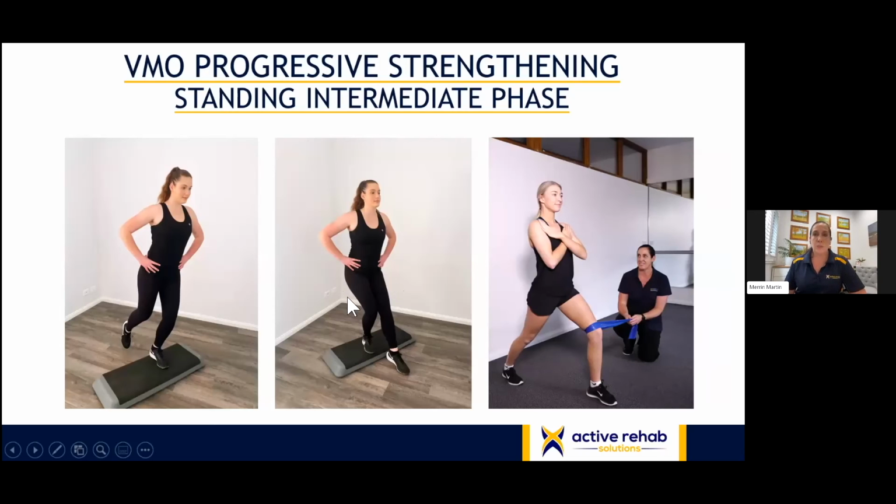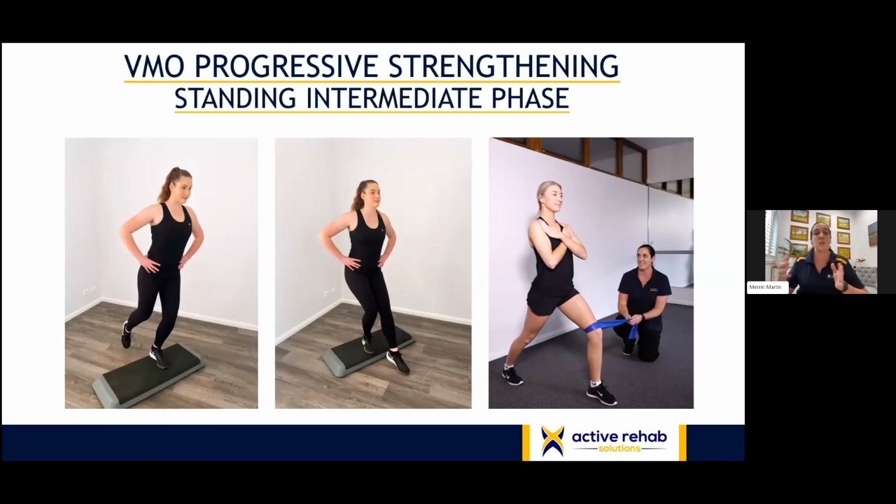Okay, and then as you're progressing on, you can start to bring in a bit of stairs. I always like to use the step platform, just a half a step. That is less than 30 degrees, usually doesn't give them any pain, and really helps with the strengthening of the quads and the VMO and balance, bringing everything together.